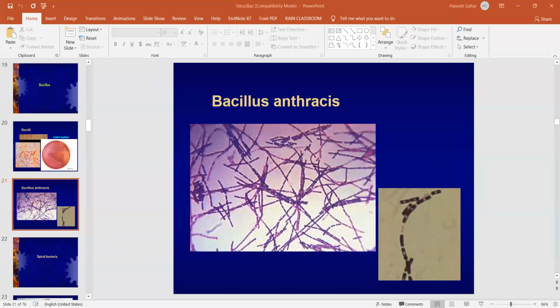That's why I skipped it, but this is gram positive bacteria. This is a bluish color. Let me check if I can find some other good picture of gram positive bacteria.